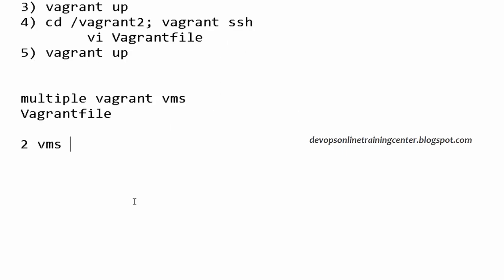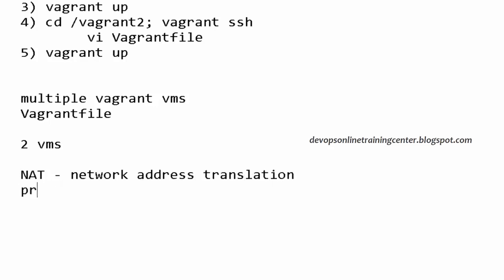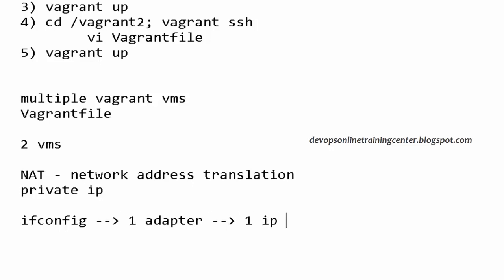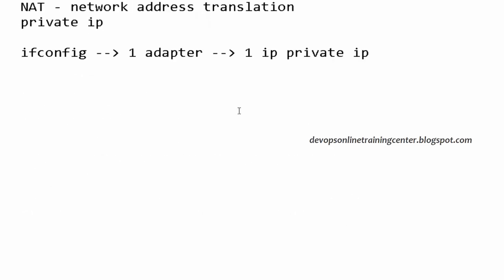By default, there is an interface attached to the VM called NAT, Network Address Translation. That is like a private IP. When you create a Vagrant machine and run ifconfig, there will be one adapter with one IP. That IP is a private IP, so that the VMs can communicate with each other. If you have two VMs, they can communicate between each other.